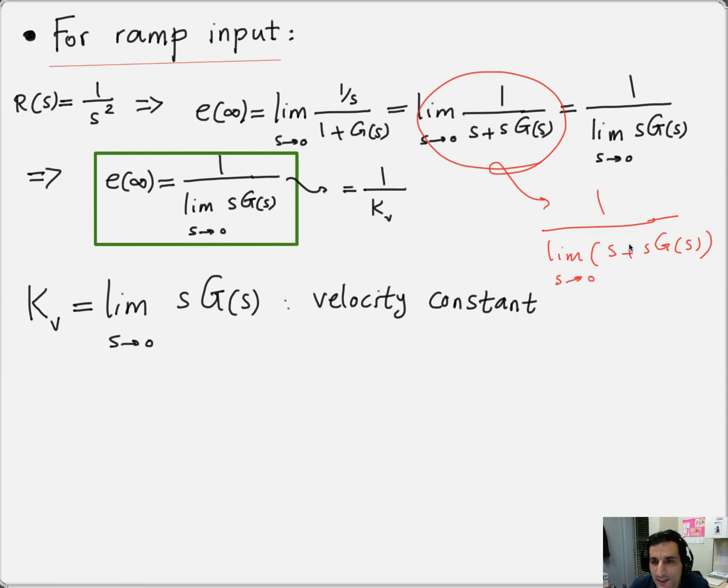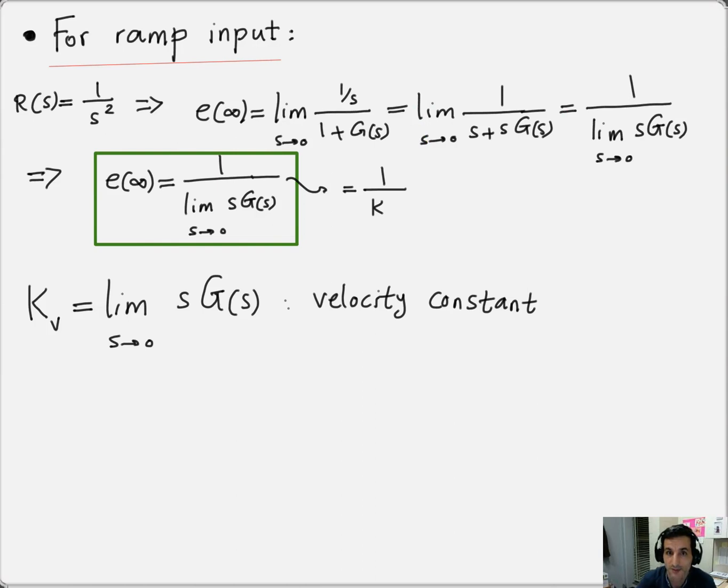Of course, the limit of s is just going to be 0 because s goes to 0. So you end up with 1 over the limit of sG of s. So for a ramp input, your steady state error will be 1 over the limit of sG of s.